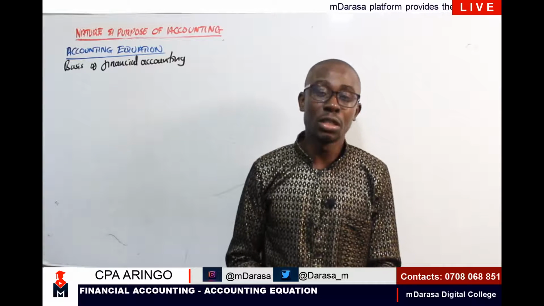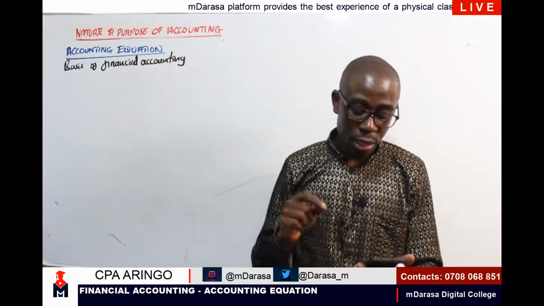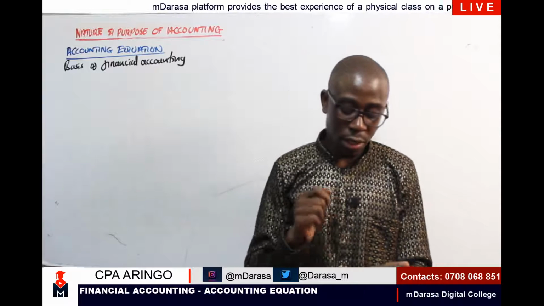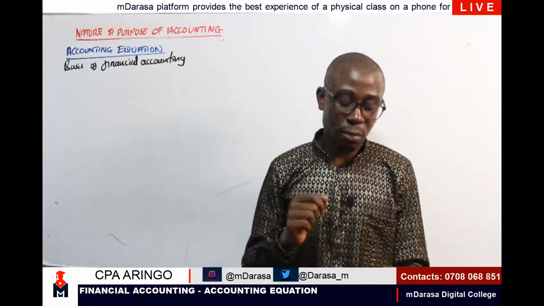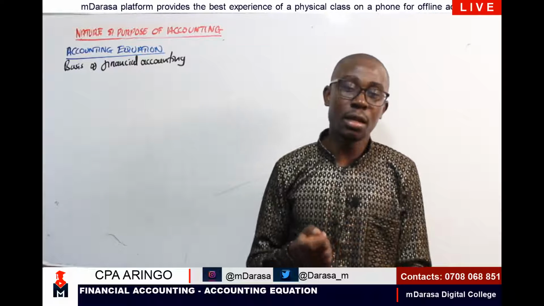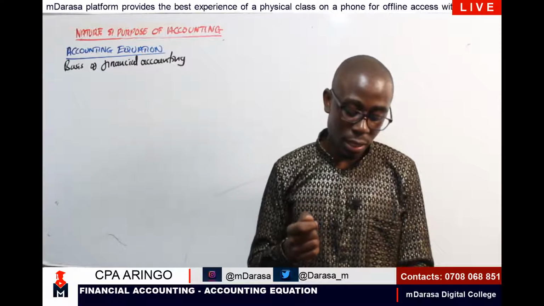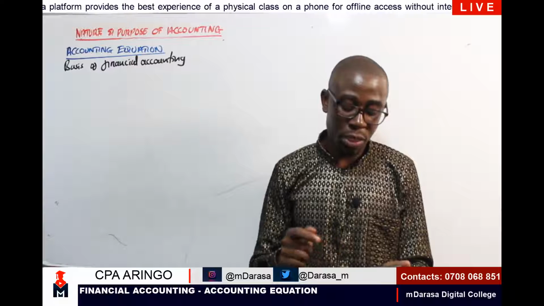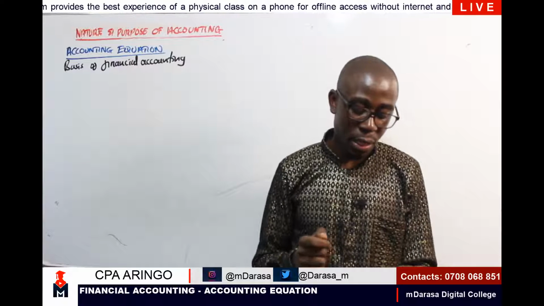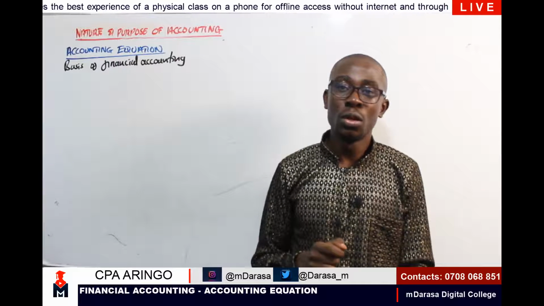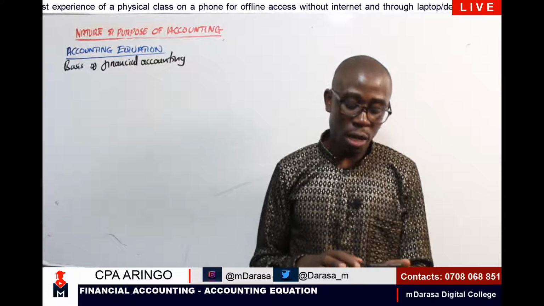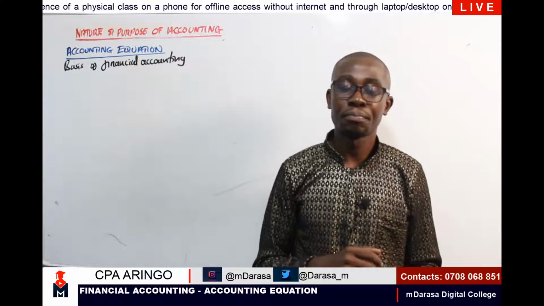An account is the most basic accounting record. Some of us don't know what an account is. An account is a basic accounting record. It summarizes the increases and decreases in particular assets, liabilities, revenue, expense, or a capital item.